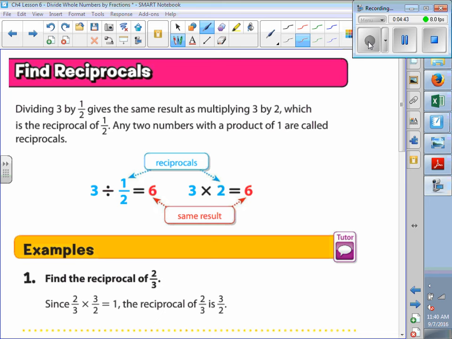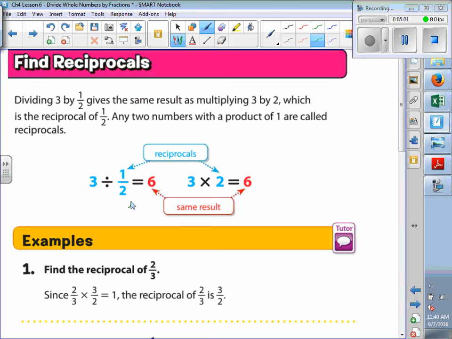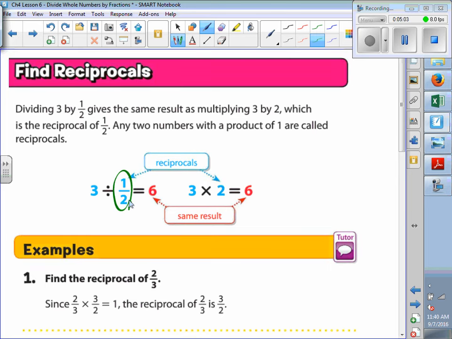Now, another set of factors that will give us also 6 with the same kind of numbers is 3 times 2. Now, look at this number. The first number, if you'll notice, is the same, right?